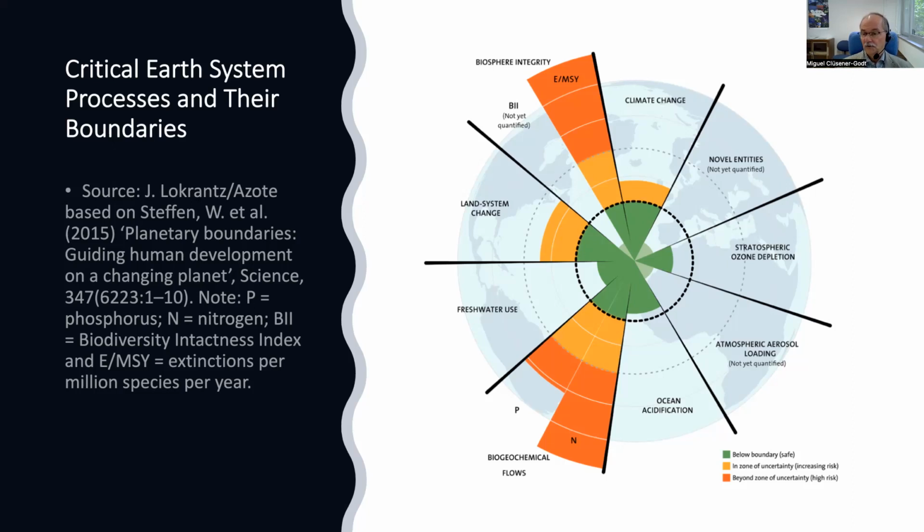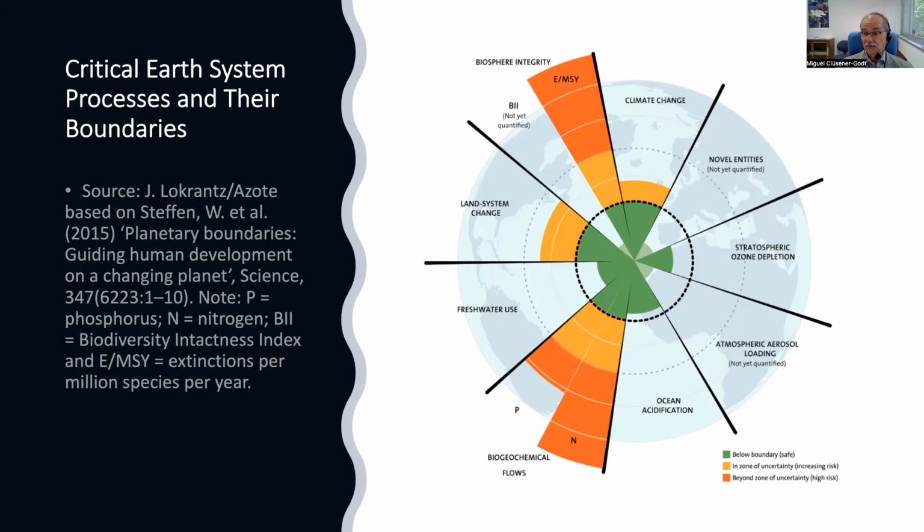So we are, for example, let's start on the right side down, ocean acidification. We are still on the good side, but we are coming close to the border. The aerosol loading has not been quantified, so we cannot speak on that. The ozone depletion, you remember some years ago, there was a big alarm. It could be calmed down.